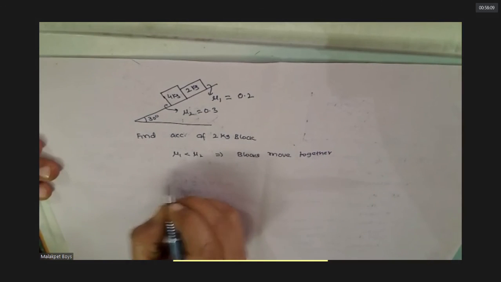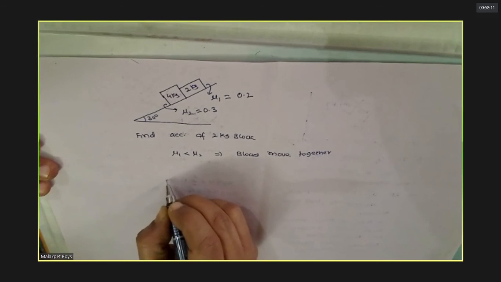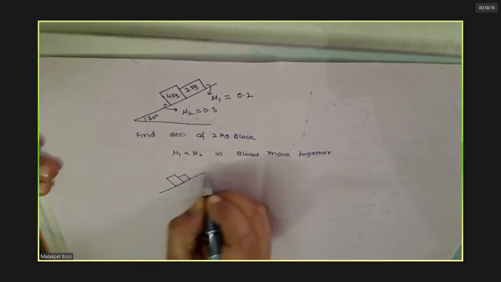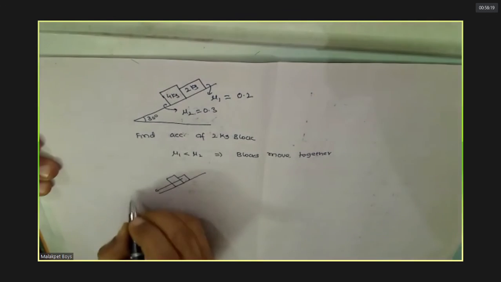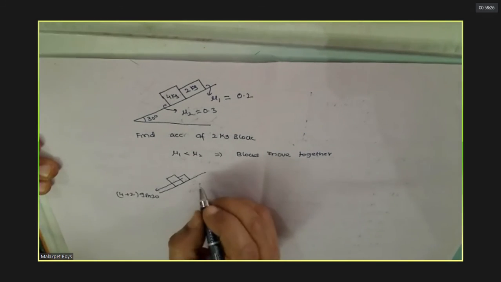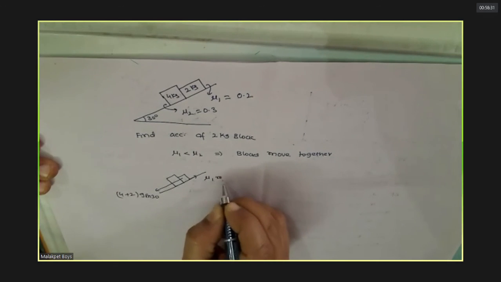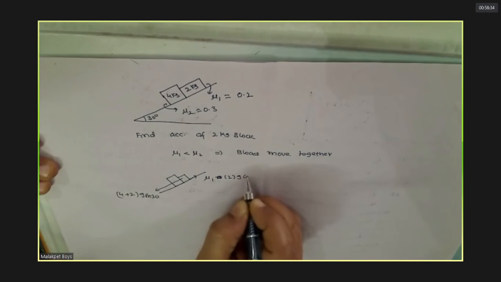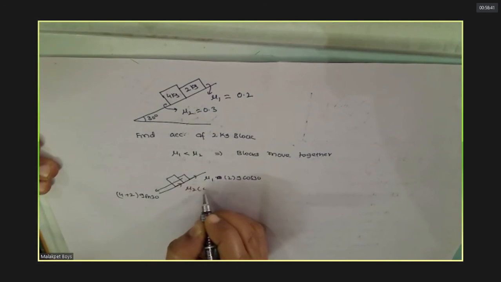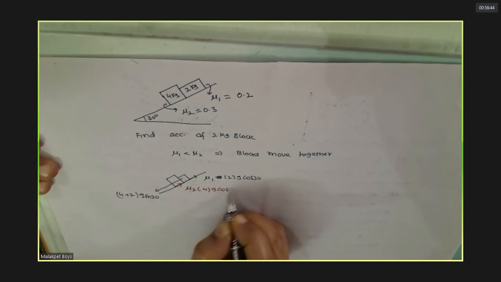Therefore, what is the total force down the plane? And the frictional force on this is mu1 m1 g cos 30, and on this mu2 m2 g cos 30.